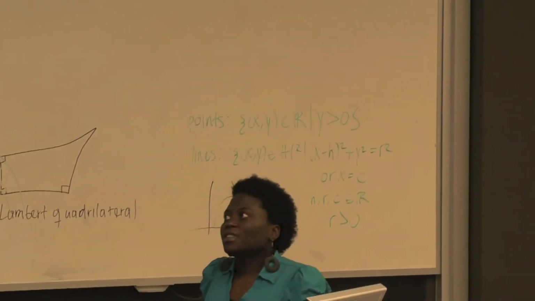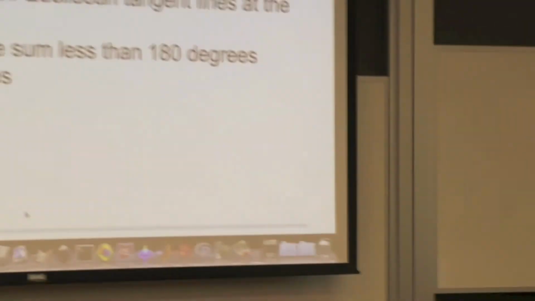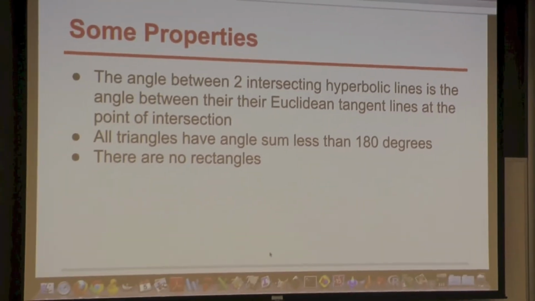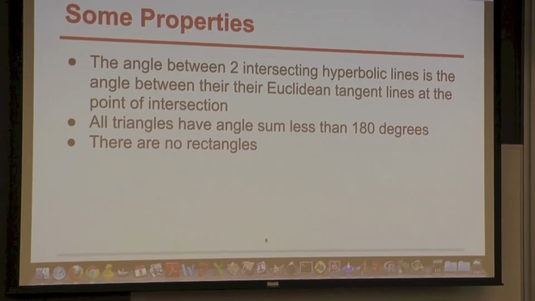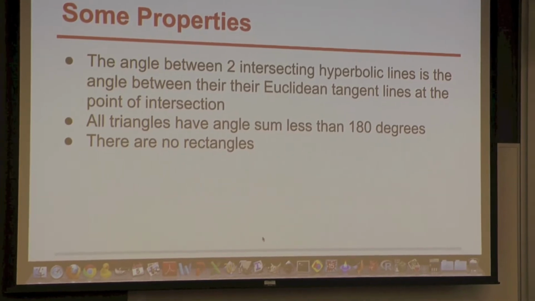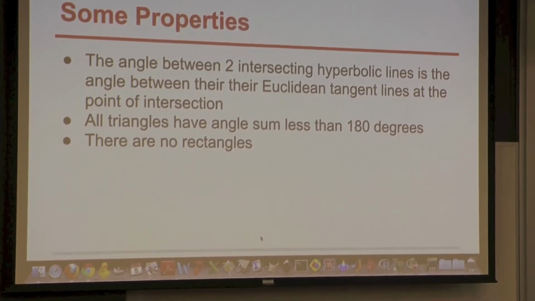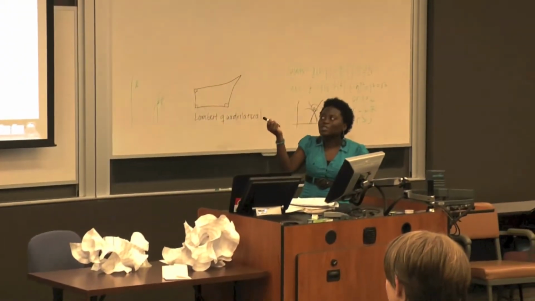Another property is that all triangles have angle sum less than 180 degrees. I will not go through the proof of this because it will take a bit of time, so if you want to look at it, come talk to me after the talk. I'll just ask that you believe me. And then there are no rectangles.